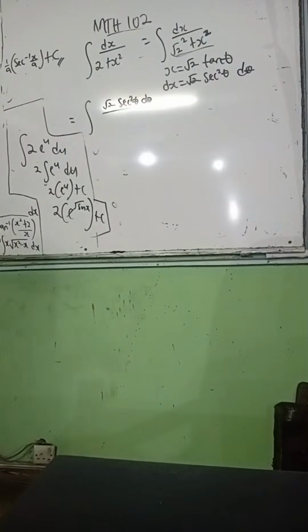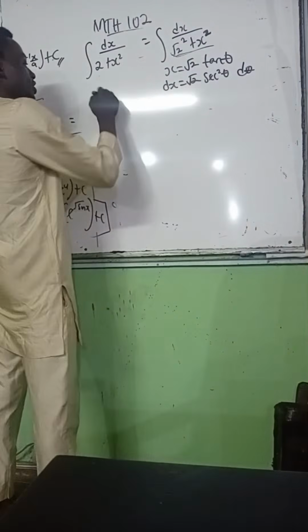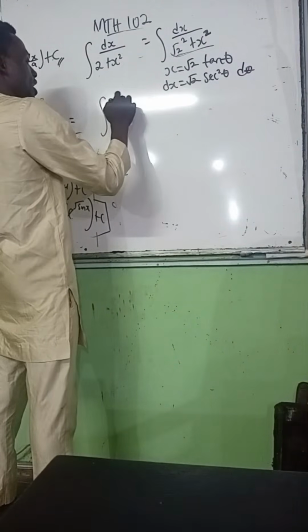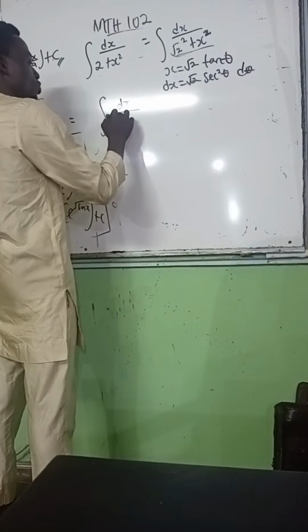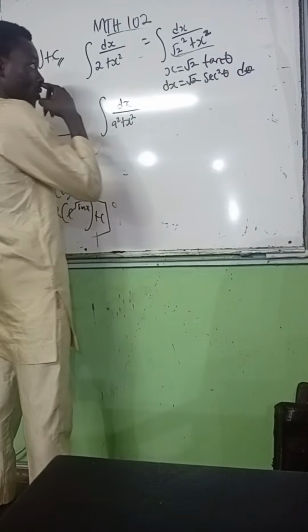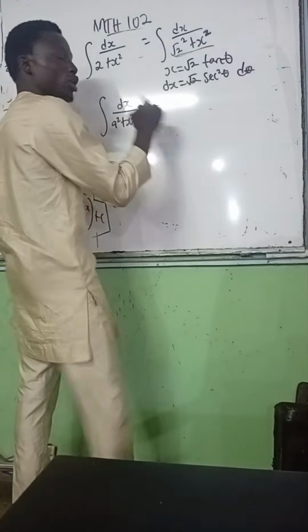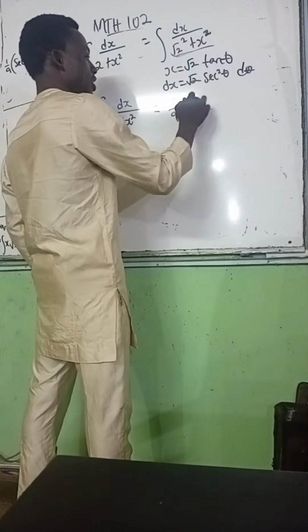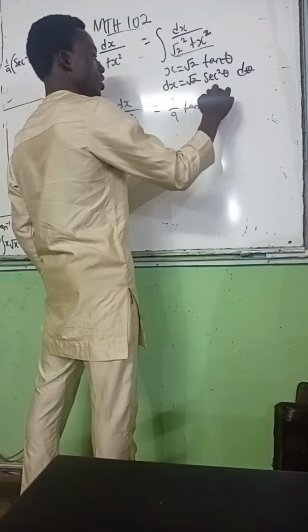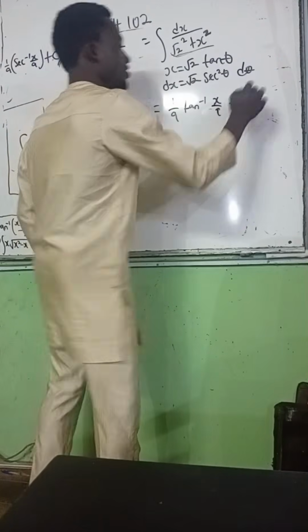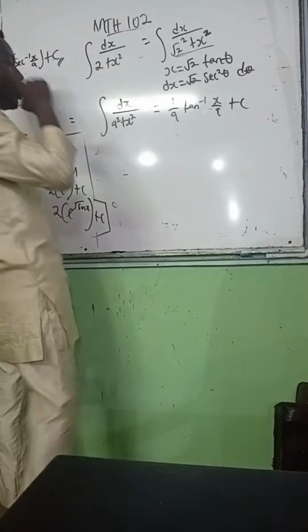In fact, I don't even need to solve. There's a standard identity for it. But I'll just solve. But before I solve, let me write the standard identity. If you have integral of dx over a squared plus x squared, that equals 1 over a tan inverse of x over a plus C. So here, our a is root 2.